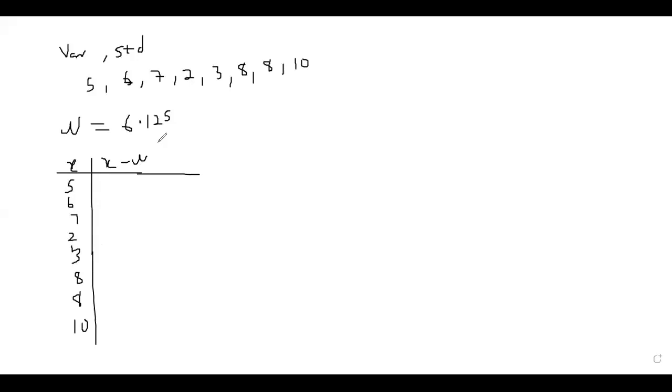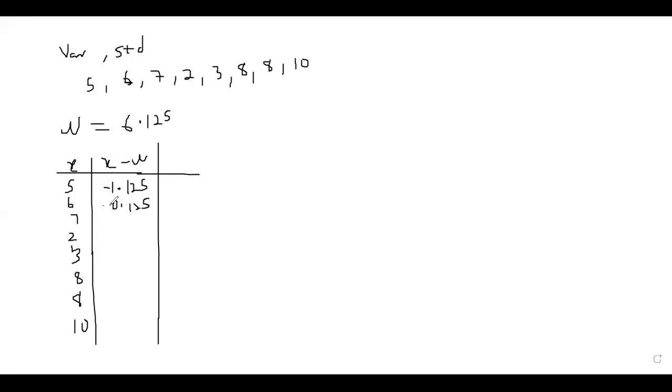Here you give me the values you obtained. 5 minus 6.125 will be minus 1.125. Then the next one will be 0.125. So it's negative.